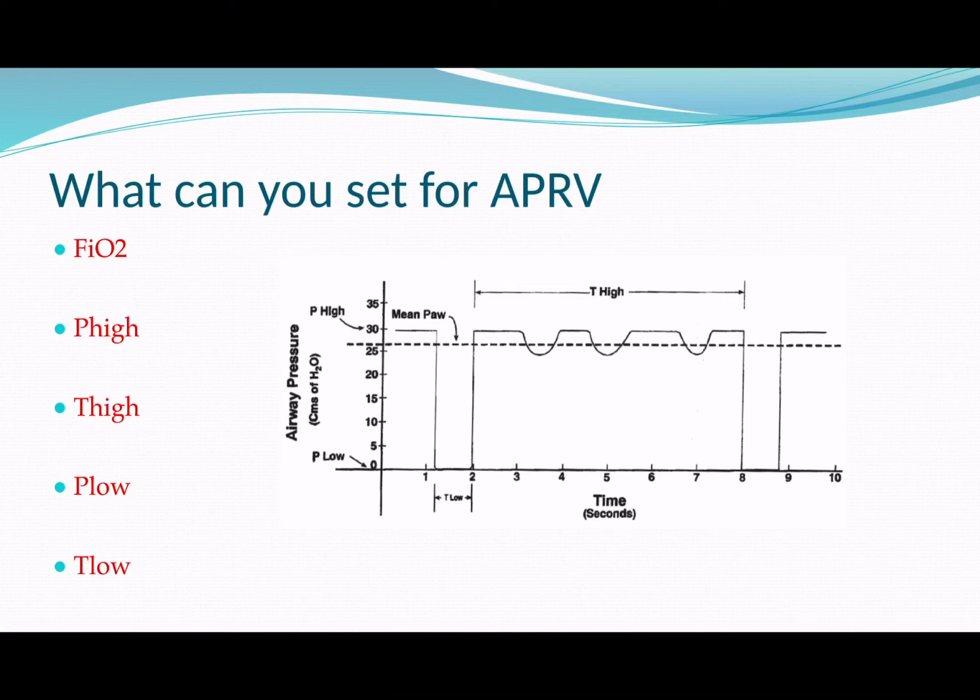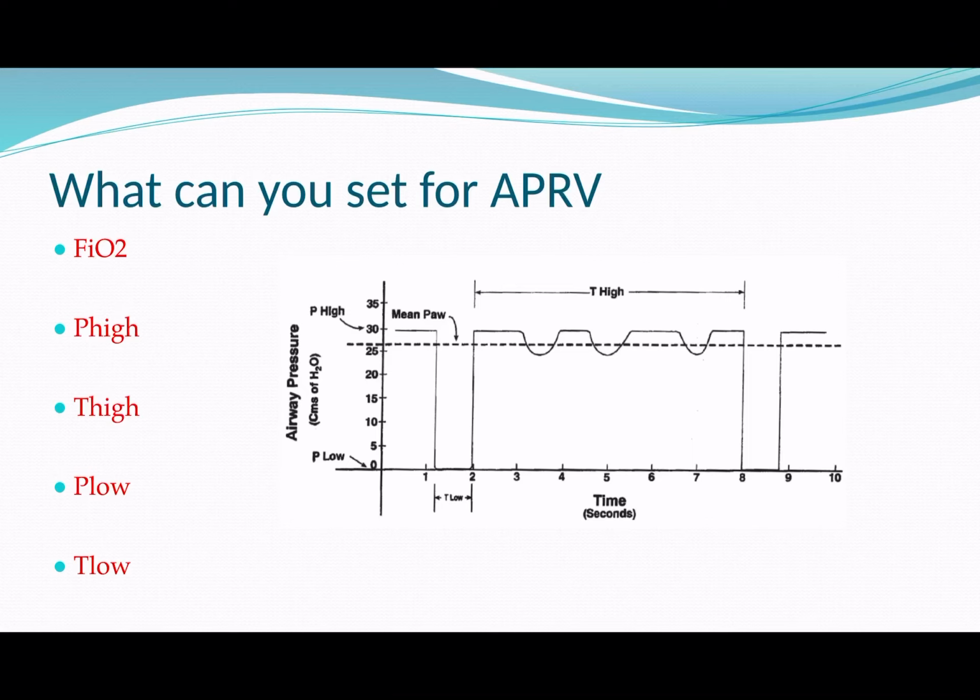And because the ventilator needs to know how long you're going to keep that high pressure on for, that's called the T high. Then every so often you want the ventilator to release that pressure so that you can get a bulk movement of carbon dioxide rich air out of the lungs. And so the P low is the pressure it drops down to, and then the amount of time that it drops the pressure down is the T low.